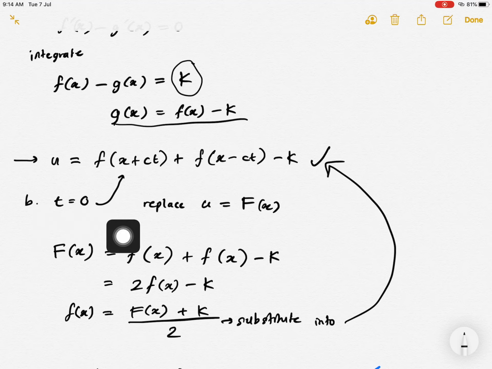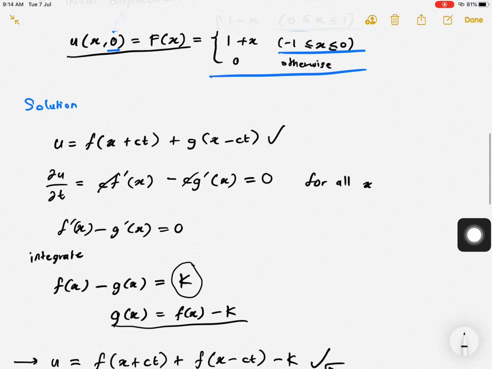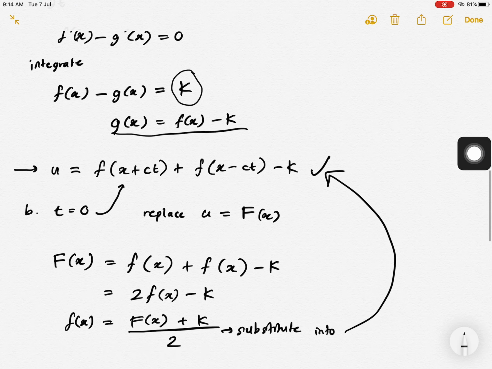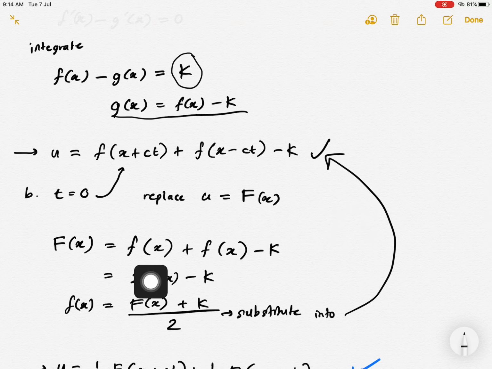When time is 0, the u is equal to the big F function, where the big F function is this one. Okay. So we replace u with big F.